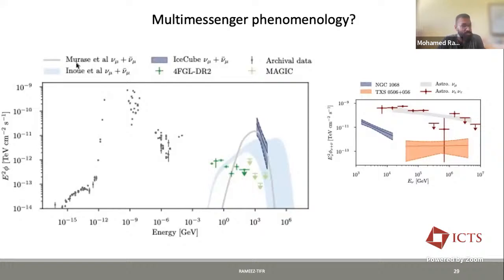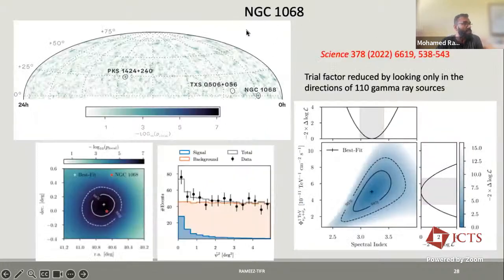In particular, for the source I mentioned earlier, NGC 1068, the MAGIC collaboration had looked at the gamma ray flux from it, and based on the logic that wherever you have gamma rays being produced from hadronic processes, you should also have neutrinos, and the relative number can be estimated by looking at the relative production of neutral and charged pions respectively, they had set an upper limit on the neutrino flux of the source, which turned out to be wrong by a factor of 100.